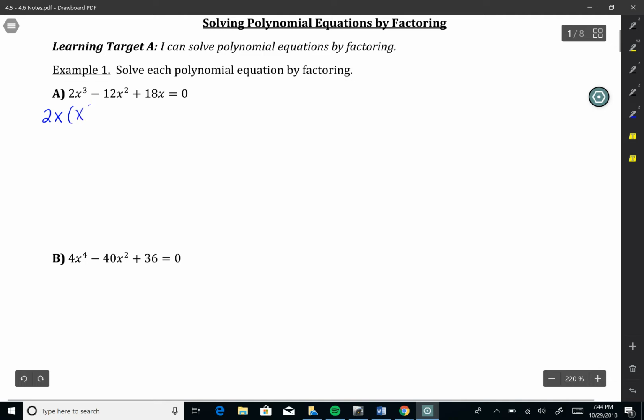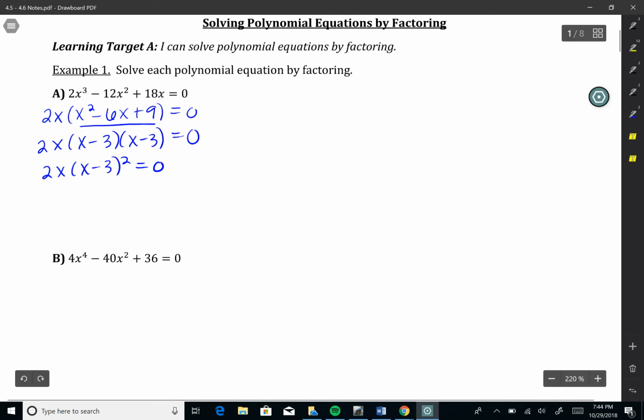That leaves me with x squared minus 6x plus 9. Now I ask myself, can I keep factoring? Yes, I can. X squared minus 6x plus 9 is a perfect square trinomial. It factors to x minus 3 times x minus 3, which you can also write as x minus 3 quantity squared.